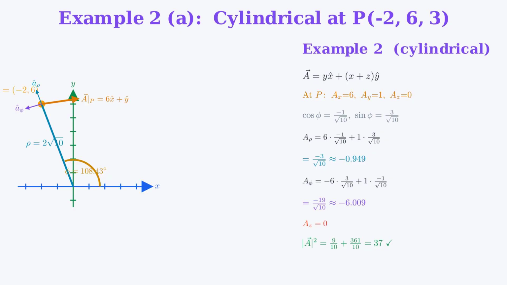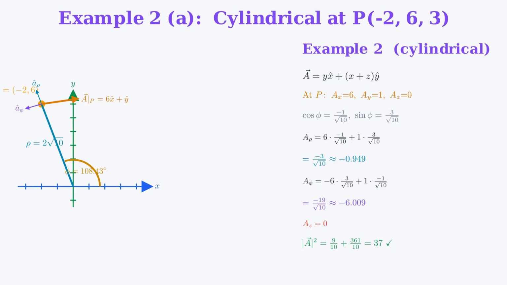A phi equals minus Ax sine phi plus Ay cosine phi equals minus 6 times 3 over root 10 plus 1 times minus 1 over root 10 equals minus 19 over root 10, about minus 6.01.